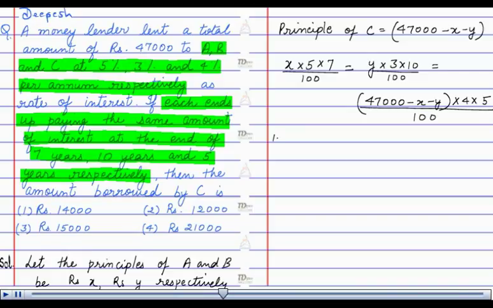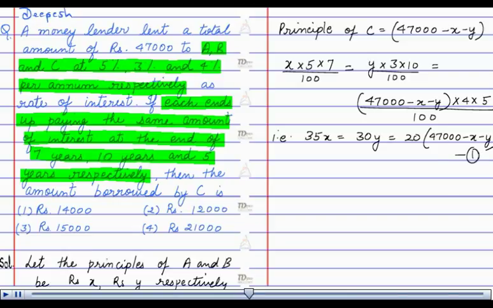That is 35X equal to 30Y equal to 20 times 47,000 minus X minus Y. Let us name this equation as equation number 1.